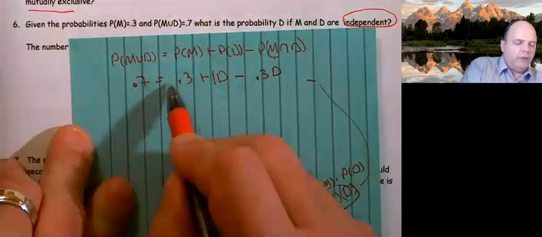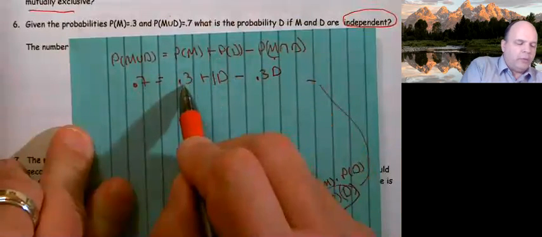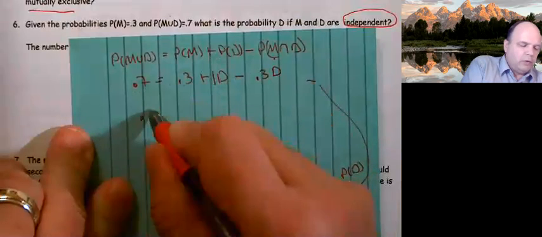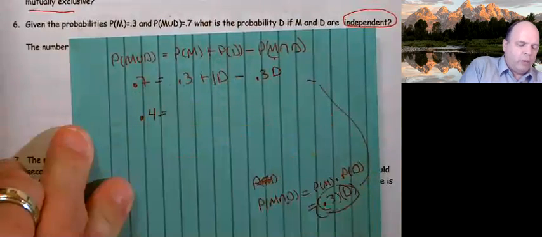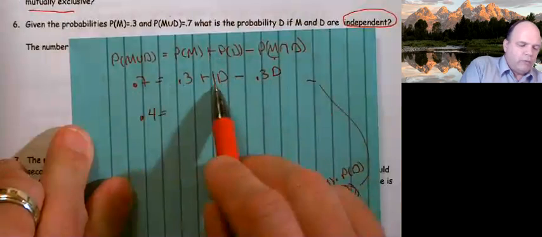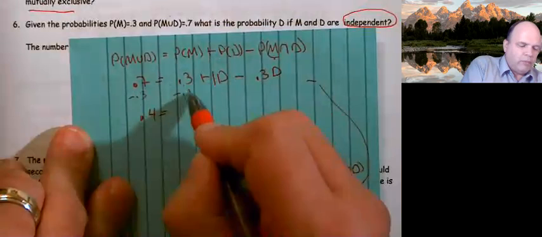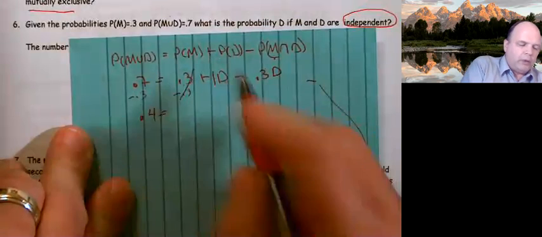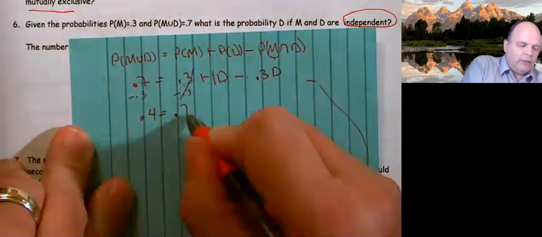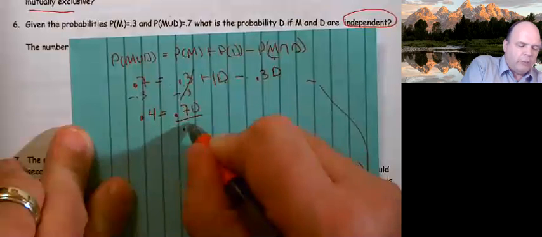So 0.7 minus the 0.3 is 0.4. So 0.4 equals, because I subtracted 0.3 from both sides, 1 minus 0.3, which is 0.7D. Divide both sides by 0.7.